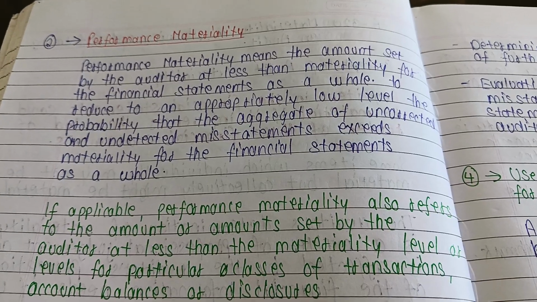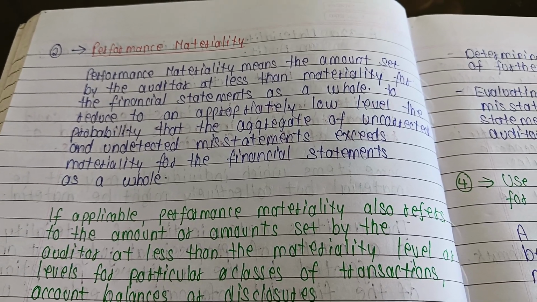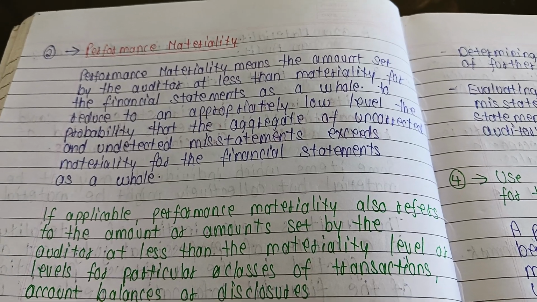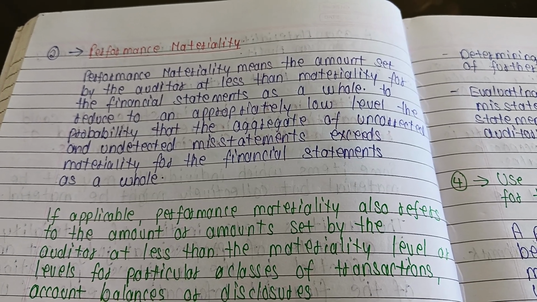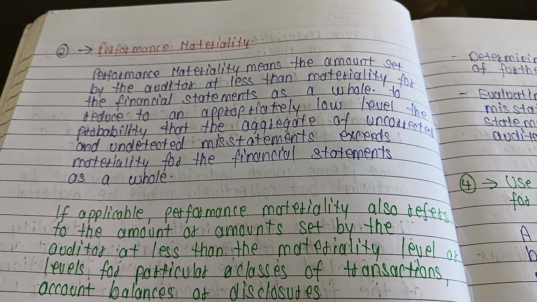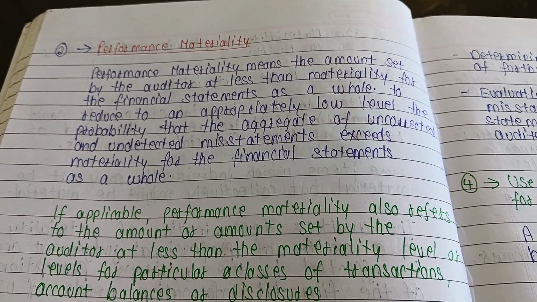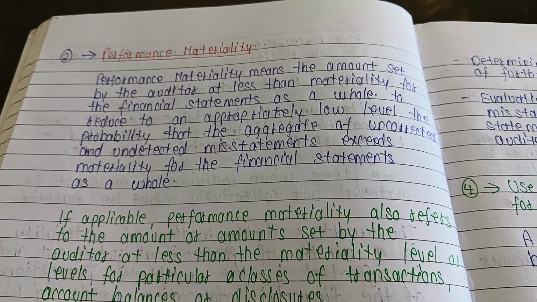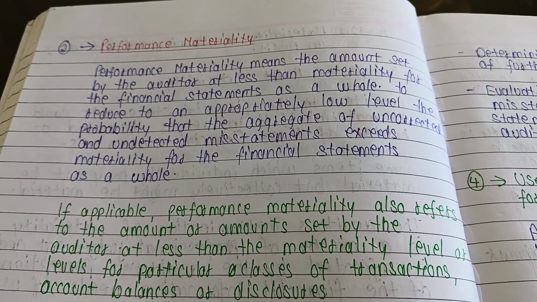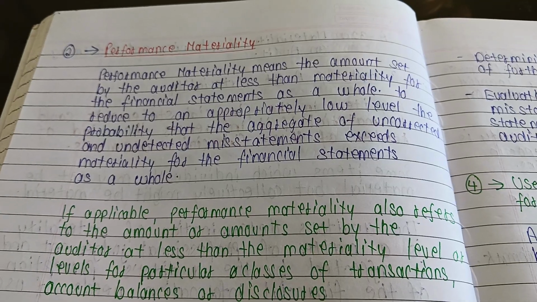Let's take a hypothetical example for that purpose. If the revenue of the organization is 10 lakhs per annum, then the auditor may decide to set the materiality level so that he may not cross-check or verify the transactions below the amount of 50,000.